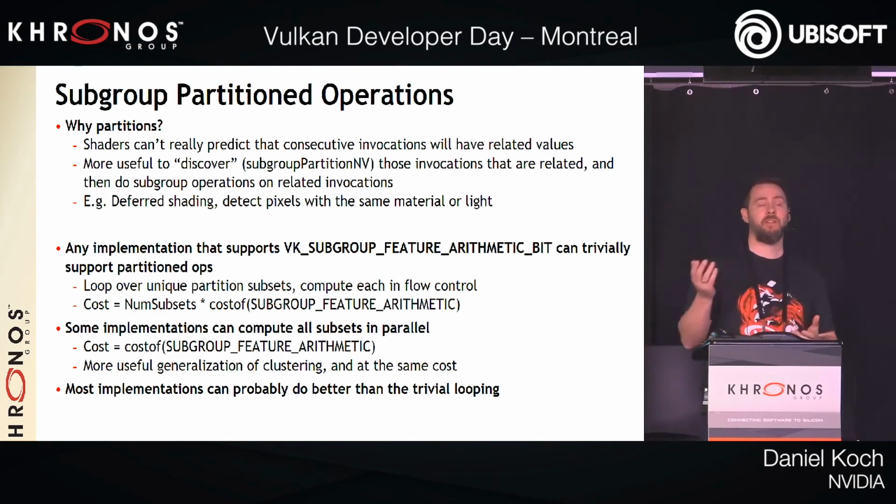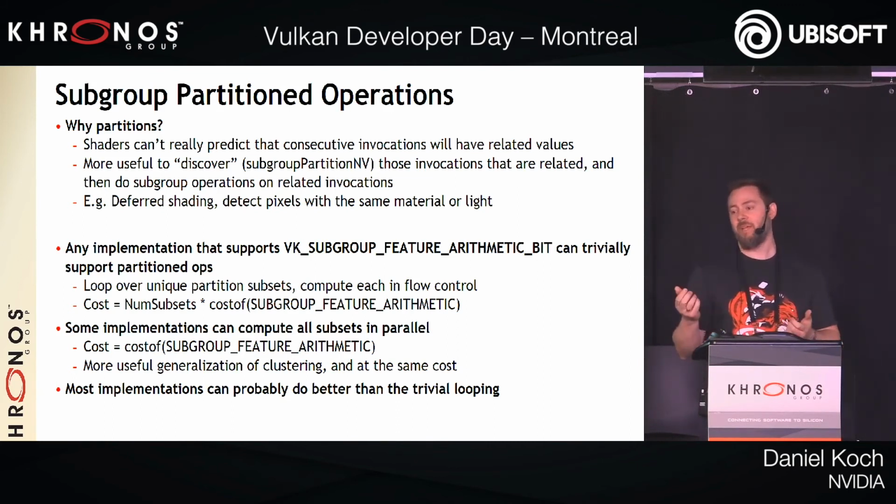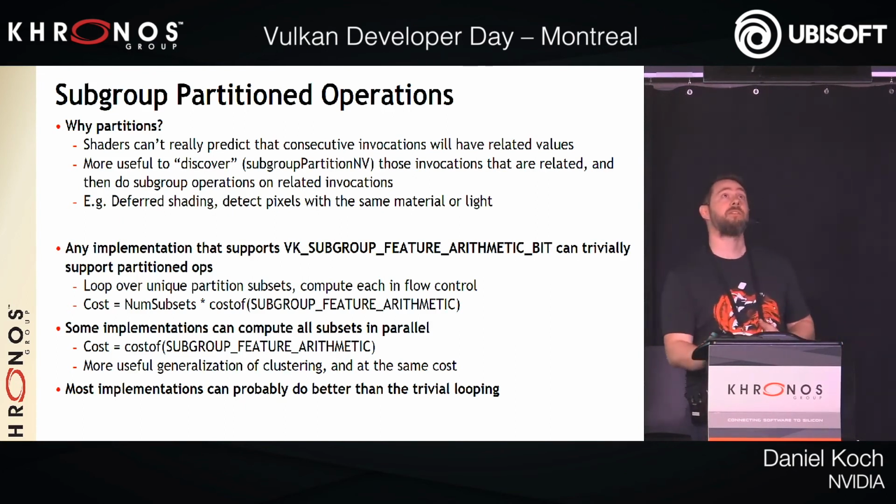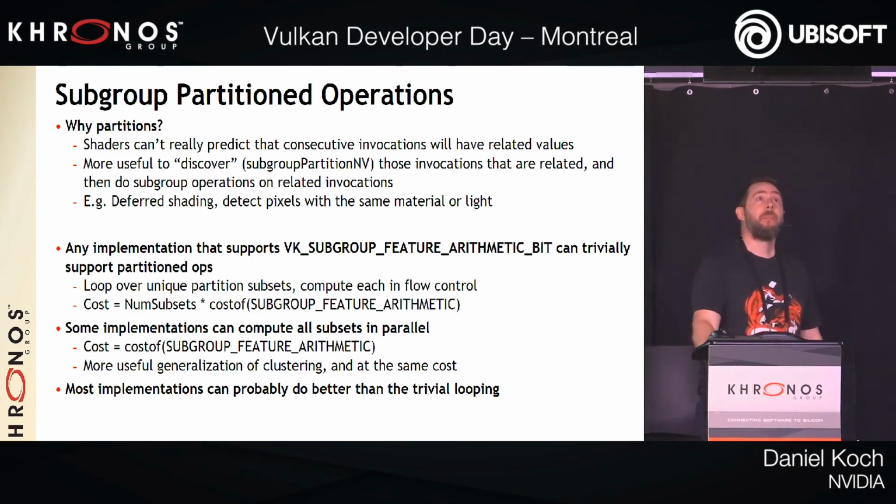So for example, if you're doing deferred shading, maybe you want to detect pixels that have the same material or light, and maybe you want to be able to fetch some values from your gbuffer. Okay, we know that all these threads are using the same light, so we can load it from buffer in those set of invocations using subgroup elect, and then load it once and then broadcast it out to those set of invocations.